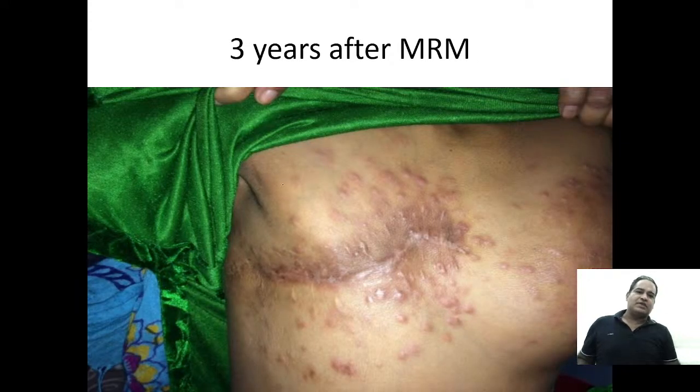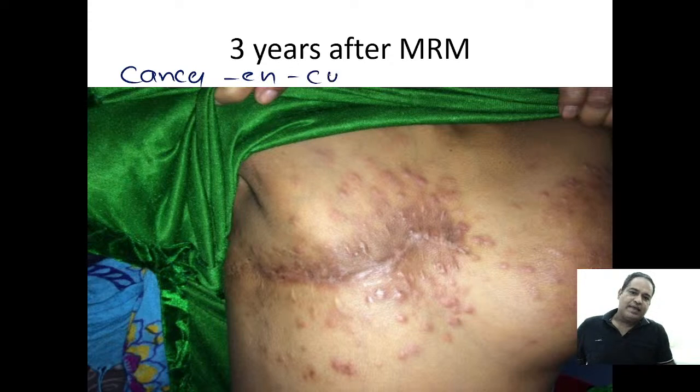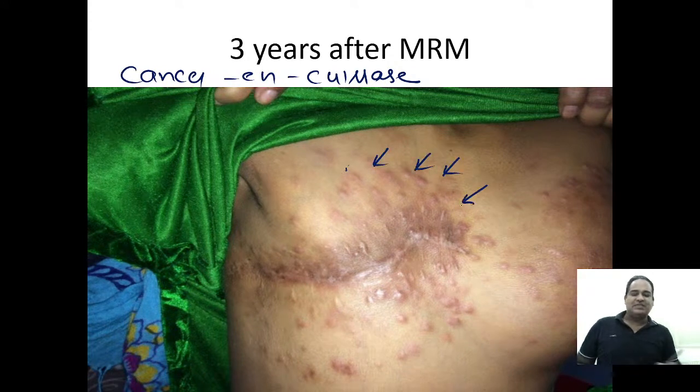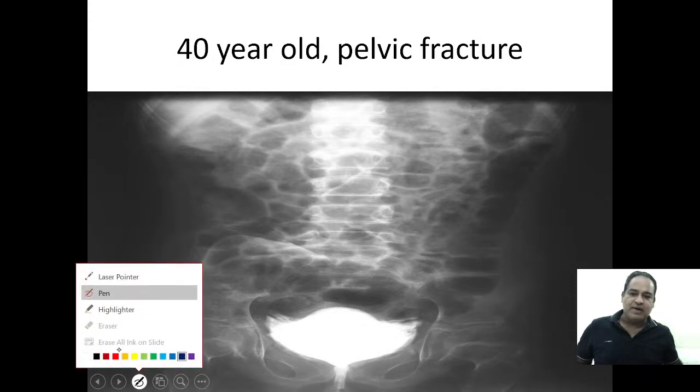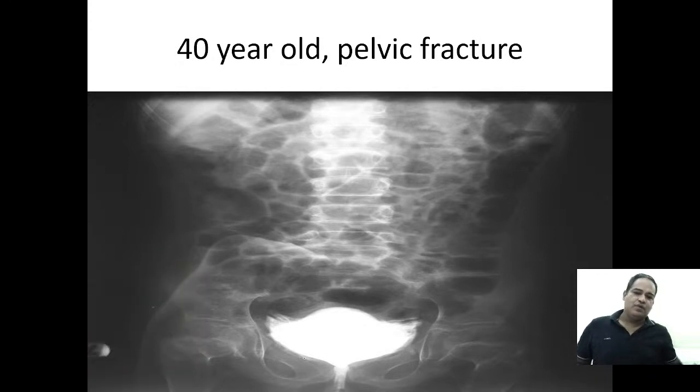Developed 3 years after mastectomy, what is this? Of course, you have heard about cancer en cuirasse. So this is cancer en cuirasse, skin studded with metastatic deposits.